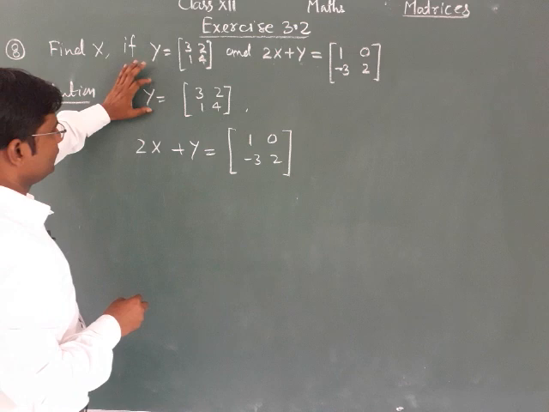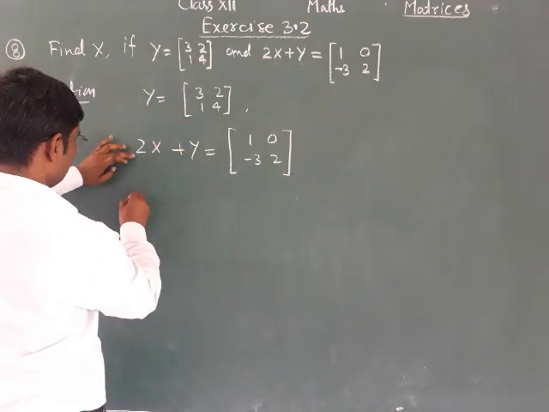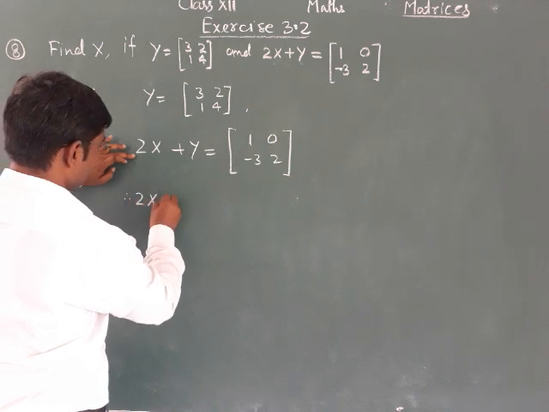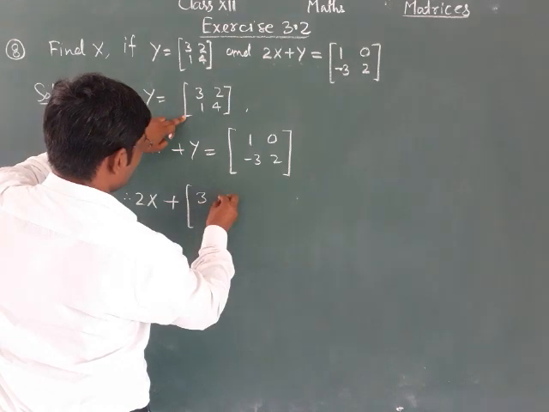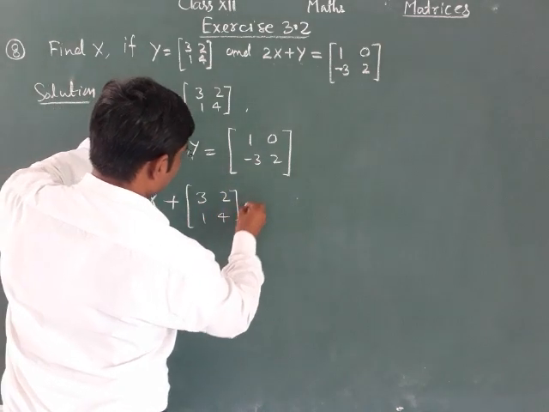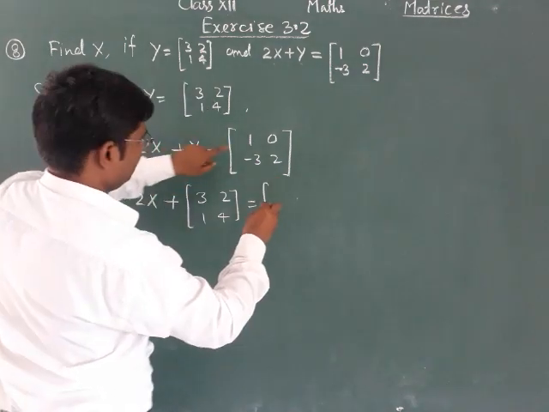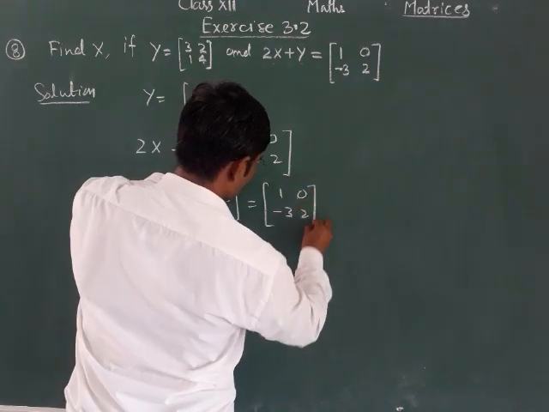Now put matrix y here, so 2x plus [3, 2; 1, 4] is equal to the matrix [1, 0; -3, 2].